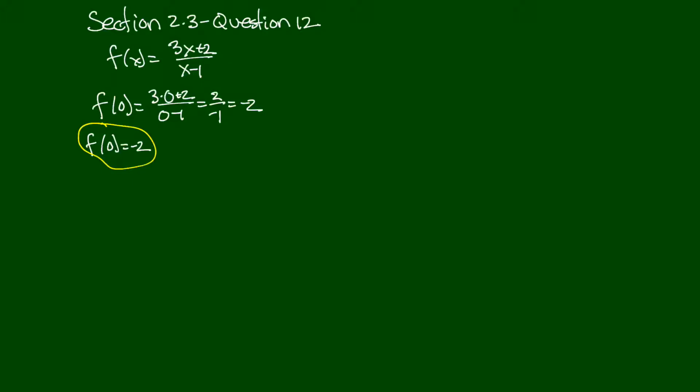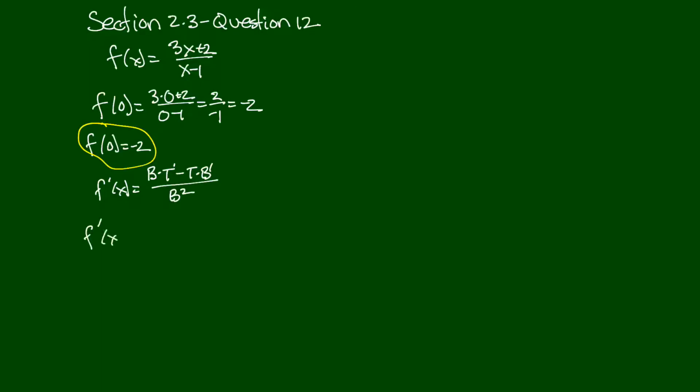Now we also want the derivative at 0. So first of all, we better get ourselves the derivative. So I come back up here to this function. It's a quotient, so I'm going to use the quotient rule, and I like to write out the template: the bottom times the derivative of the top, minus the top times the derivative of the bottom, over the bottom squared.